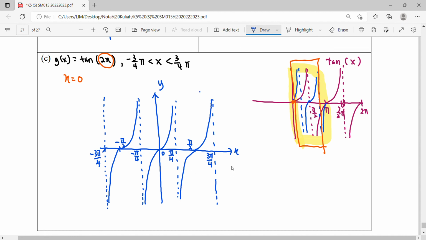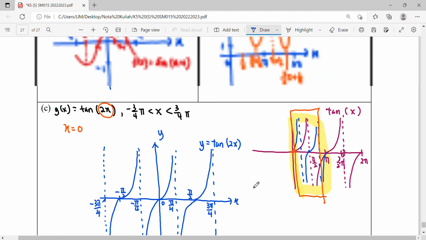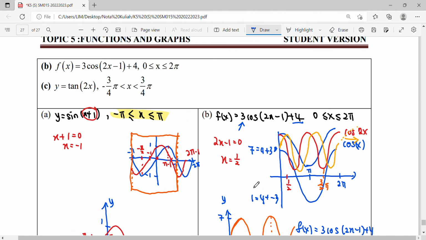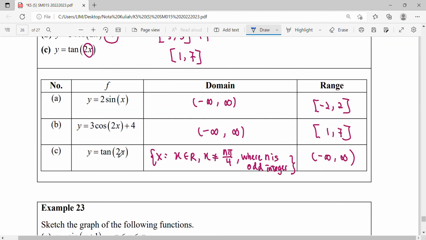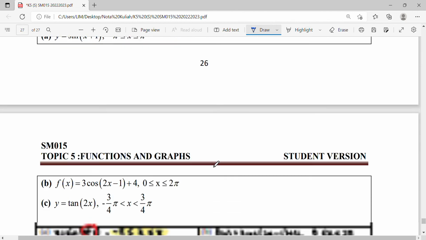So this is y equals tangent 2x. After looking at our graph here, actually this is the graph from question example 22, when we have tangent 2x. So you have tangent 2x, where's your domain?